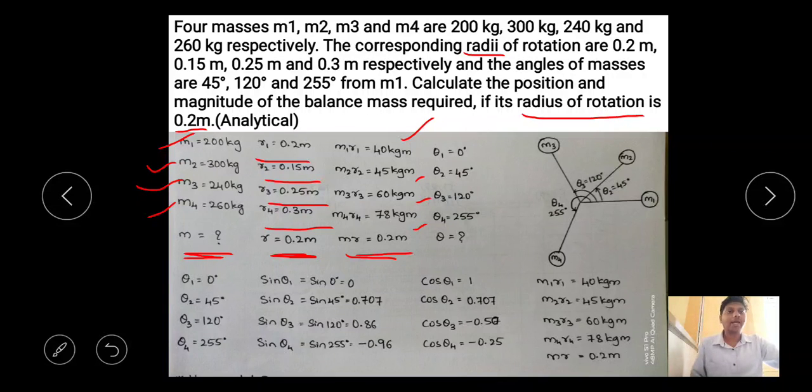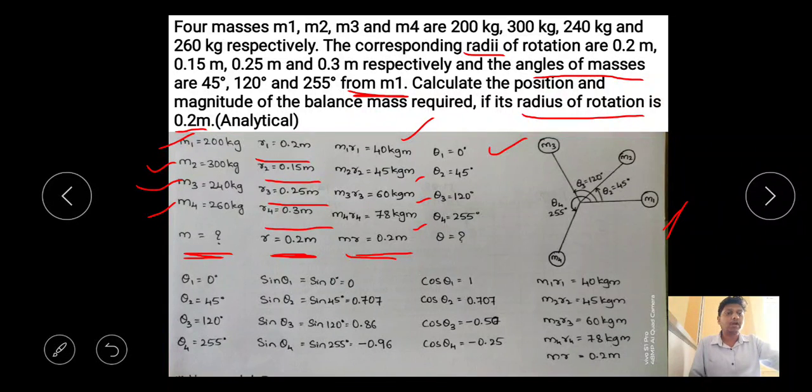Okay, then the angles are given. If you read the question, the angles of masses are 45 degree, 120 degree and 255 degree from mass 1. Always you have to take the first mass as 0 degree, so m1 will be 0 degree.